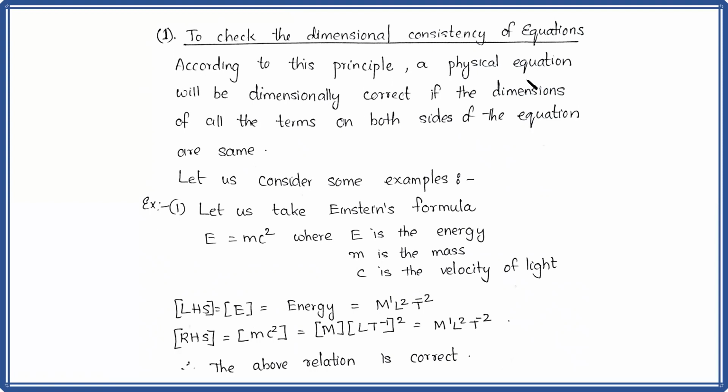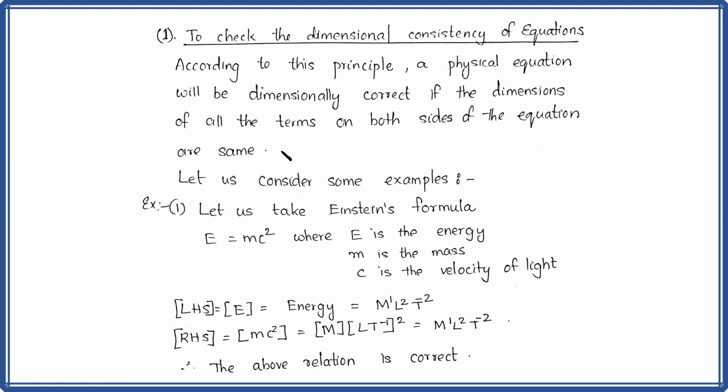According to this principle, a physical equation will be dimensionally correct if the dimensions of all the terms on both sides of the equation are the same. What does it mean? If you take any dimensional equation, first find the dimensions of the LHS, that is the left hand side of the equation, and then find the dimensional formula for the right hand quantities, all left hand side quantities and all right hand side quantities.